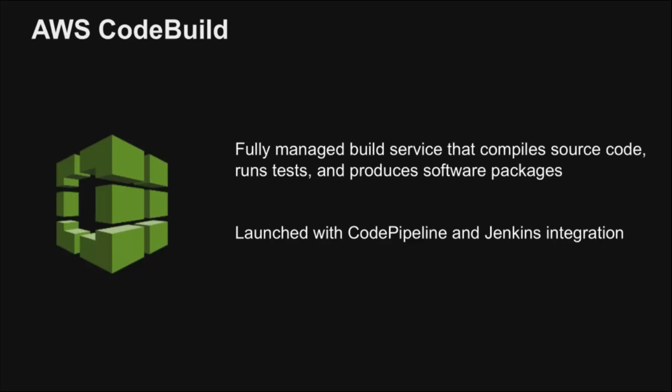All right, so this is where I'm going to talk about CodeBuild. CodeBuild is the tool that I think makes the most sense with Jenkins. CodeBuild is a fully managed build server that can work on its own. It can work with other Amazon tooling like CodePipeline, or it can work with Jenkins.